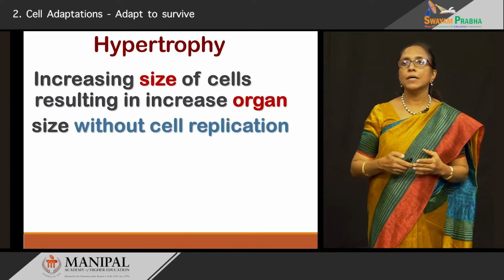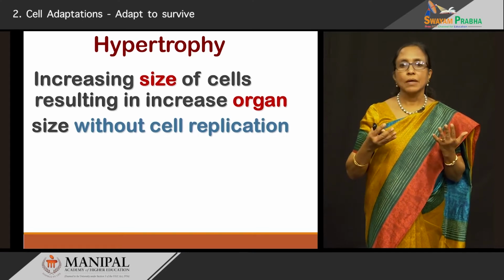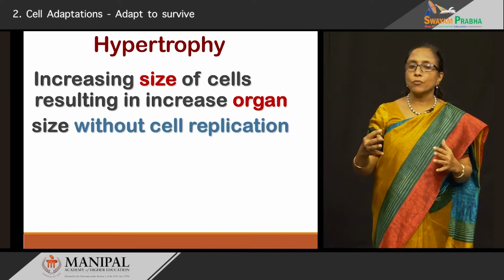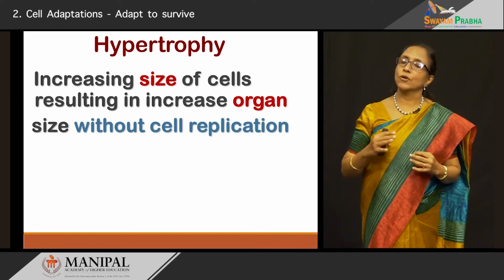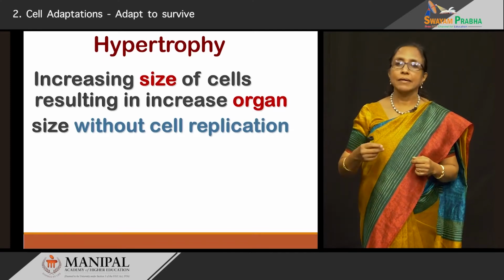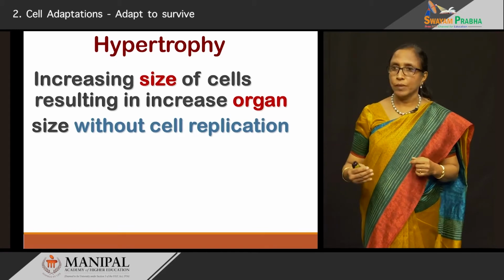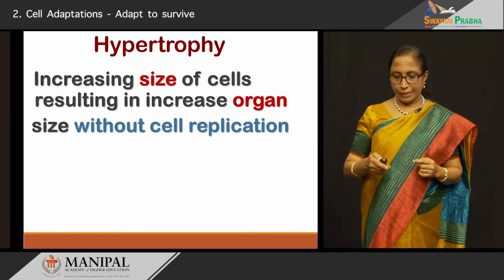What is hypertrophy? The word hyper means increase. The word trophy means size. So, hypertrophy is an increase in the size of cells, and as a result of the increase in the size of the cells, there is an increase in the size of the organ or the tissue. But one important thing is that there is no cell replication.